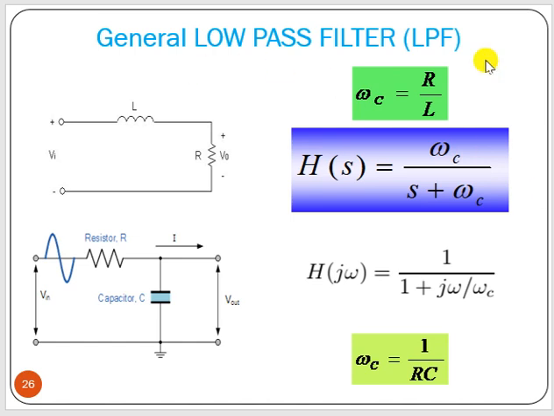So for a general low pass filter, RL circuit or RC circuit, for RL the cutoff frequency is R by L, and for RC the cutoff frequency is 1 by RC, and the general form is 1 by 1 plus j omega by omega c, or in H(s) we can write omega c divided by S plus omega c.